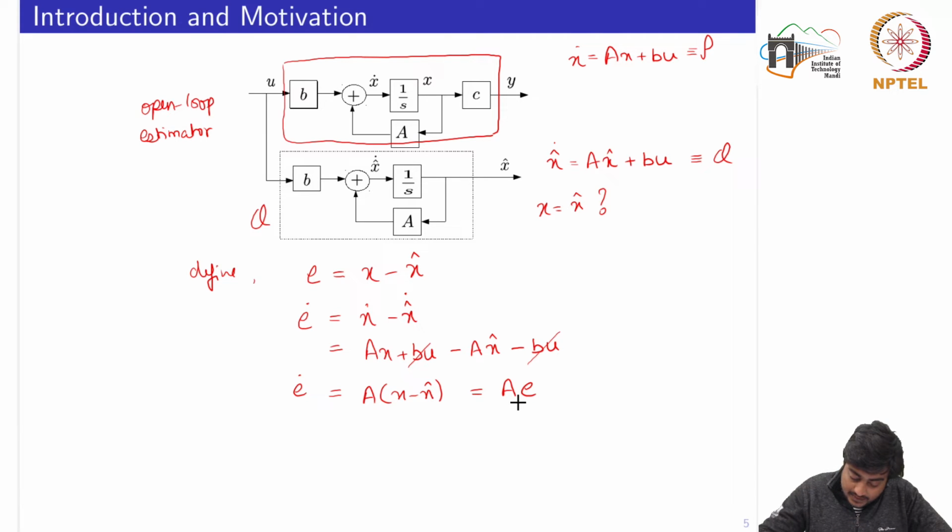We have discussed this a number of times: this now becomes a homogeneous system even if there is a mismatch between x and x hat at any point of time.